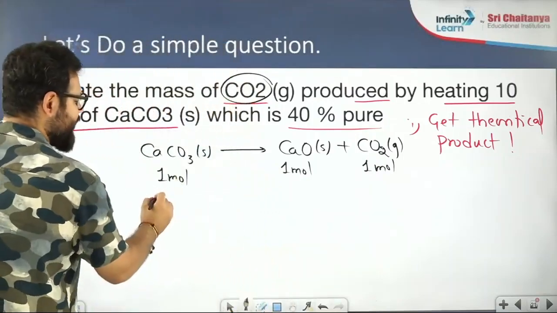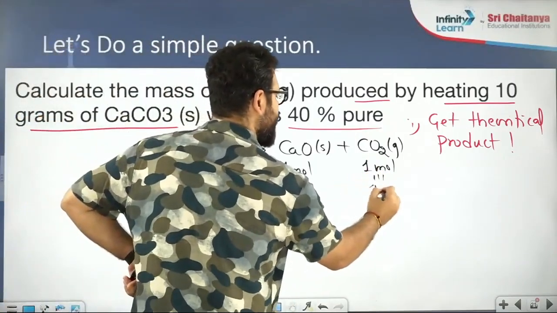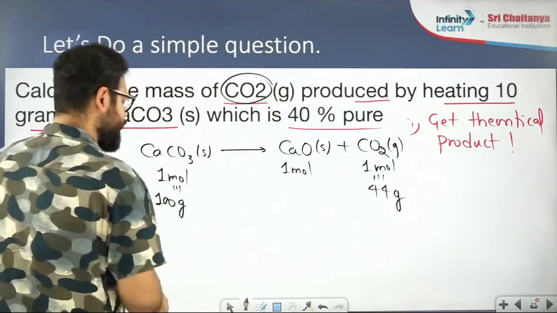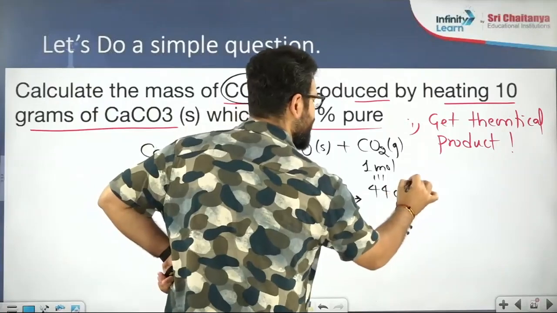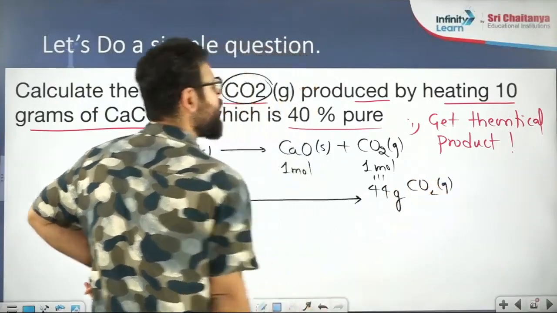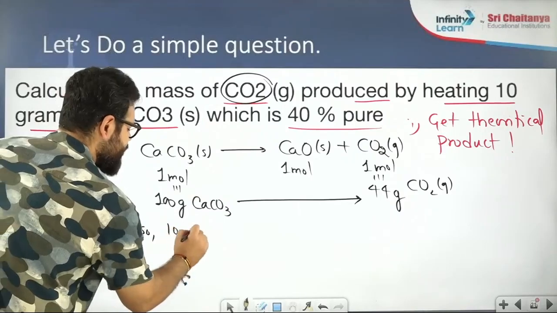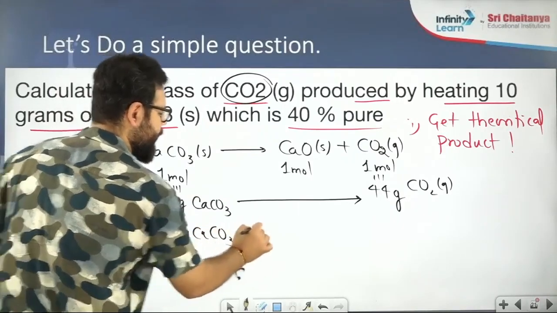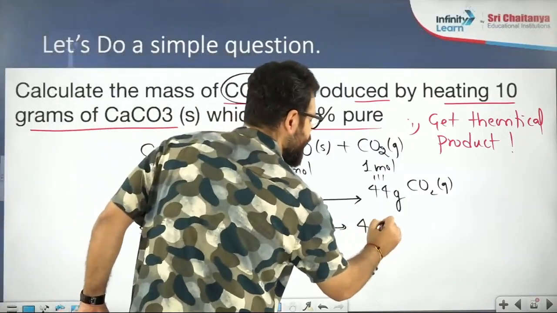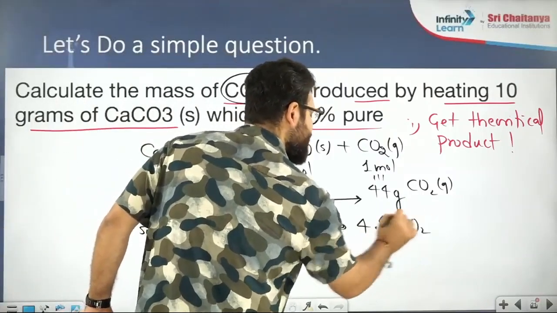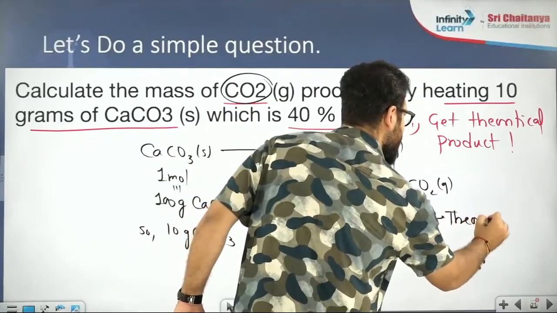When I put the molar mass, 100 grams of CaCO3 produces 44 grams of CO2 gas. But they are asking for 10 gram. So 10 gram CaCO3 produces 4.4 gram CO2. But this is not our answer. This is the theoretical answer.